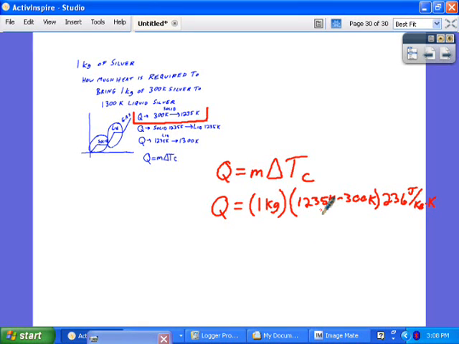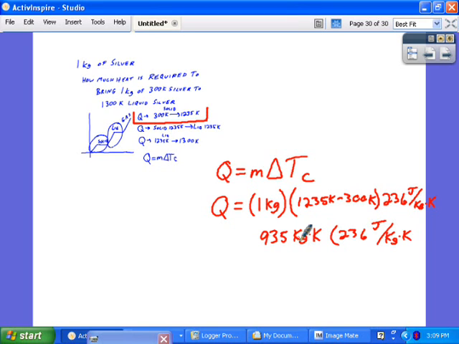So 1 times 935 is going to be 935 kilogram Kelvin, because multiplied together, those are my units, times 236 joules per kilogram Kelvin.